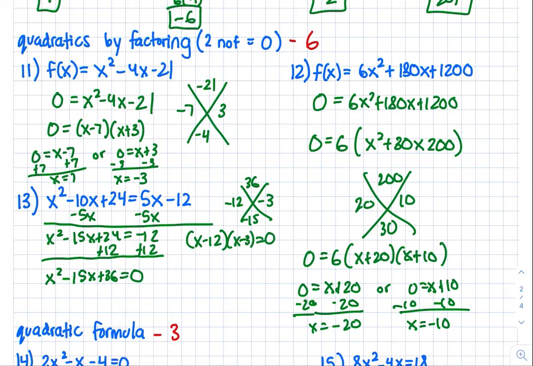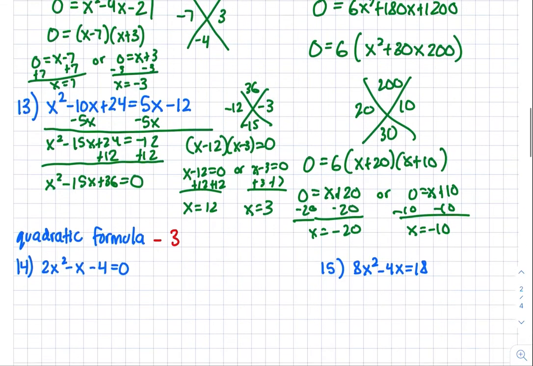Now set both of them equal to 0, so x minus 12 equals 0 or x minus 3 equals 0. And the two answers you're going to get are 12 or 3. So you're going to have 6 problems like that, okay?